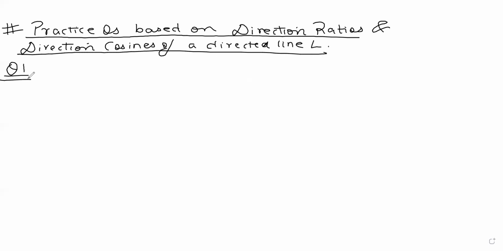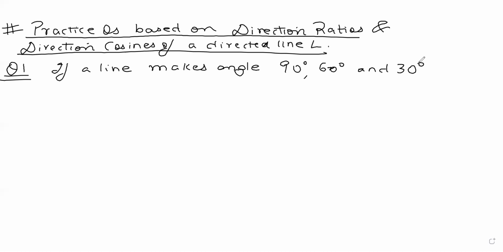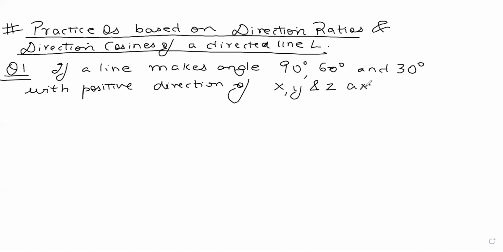So question 1 for this lecture: if a line makes angles 90 degrees, 60 degrees and 30 degrees with the positive direction of the x, y and z axes respectively, find its direction cosines.